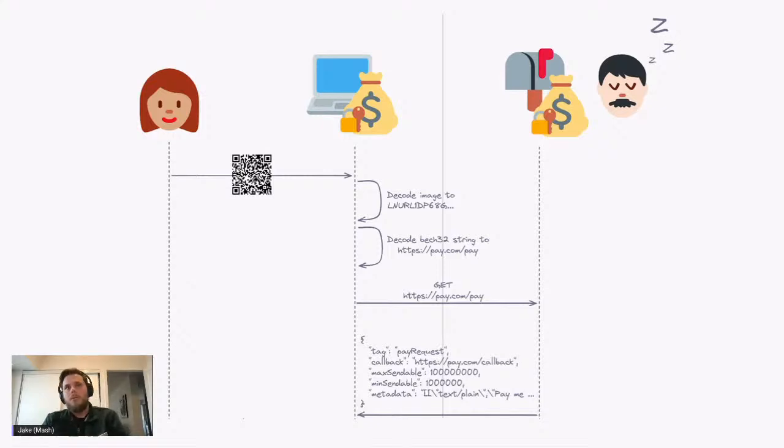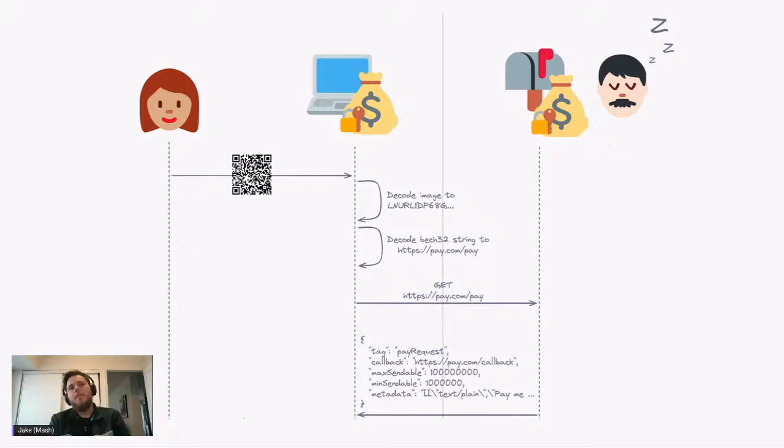And so what does this flow look like? The sender provides a QR code. Maybe they've scanned it in through their phone, and they have a Lightning wallet on their phone. What's going to happen is it's going to decode the image to that encoded LNURL string. It's going to decode that string to a URL, and then all it's going to do is a GET request to that URL.